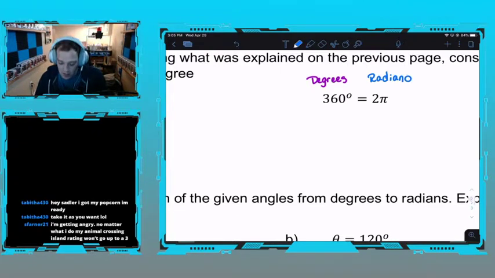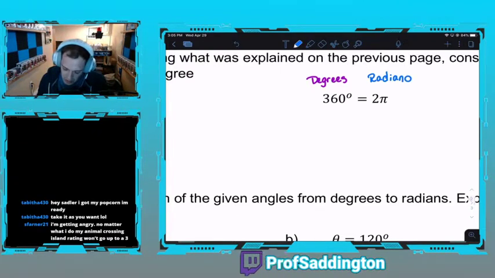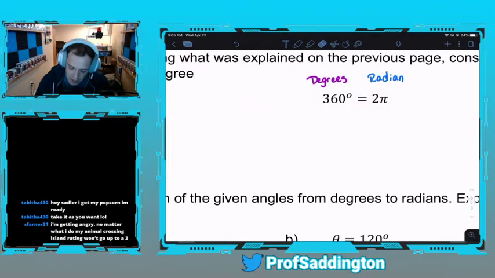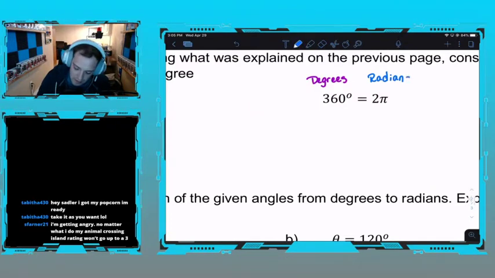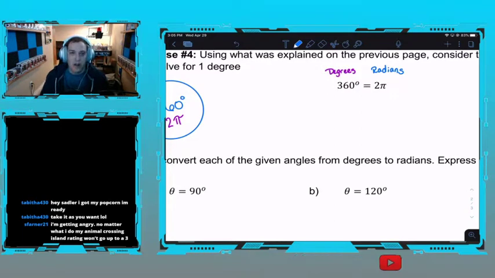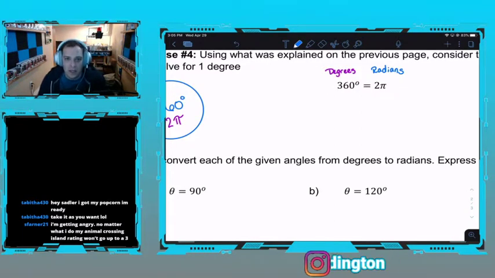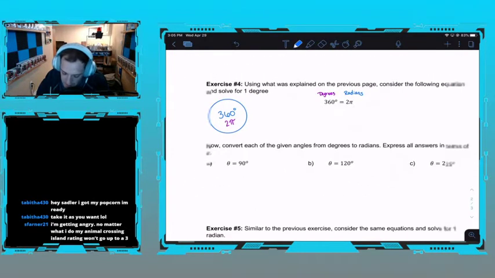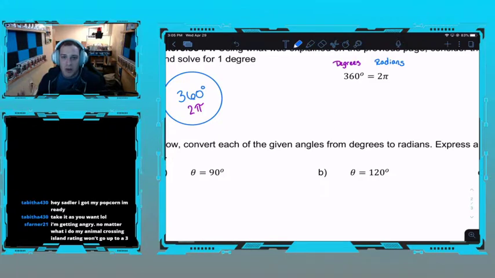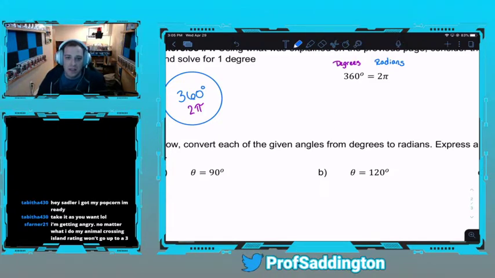Okay. So what I want to do, if my iPad will unfreeze itself, is make it so the degrees is equal to 1, because we're trying to convert it into radians.